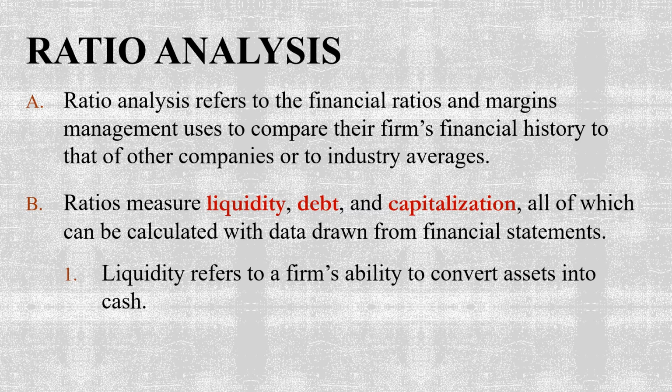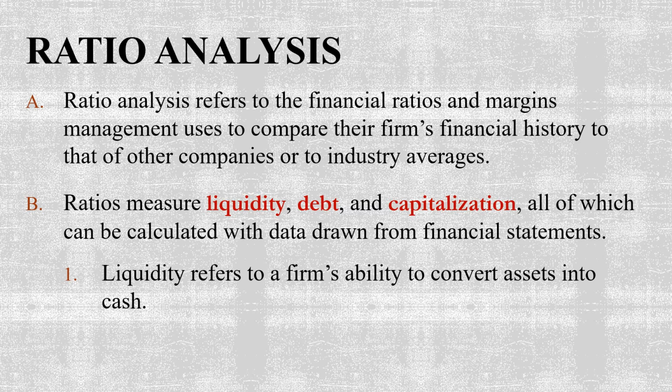financial statements. One thing that we do want to keep in mind here when we're talking about liquidity, we're referring to a firm's ability to convert assets into cash. So how quickly can things be sold off in order to get a quick influx of capital into the corporation?